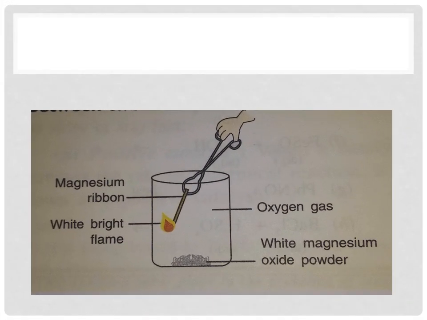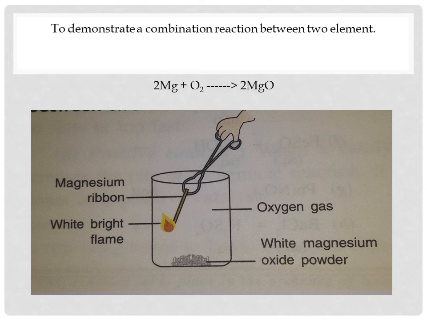Here is an example which demonstrates a combination reaction between magnesium and oxygen. When magnesium ribbon burns in oxygen gas, it burns with a white bright flame and forms white magnesium oxide powder. So here the reactants are magnesium and oxygen.